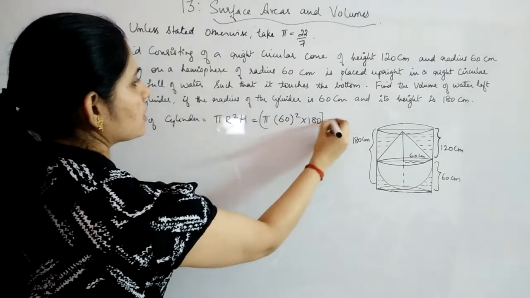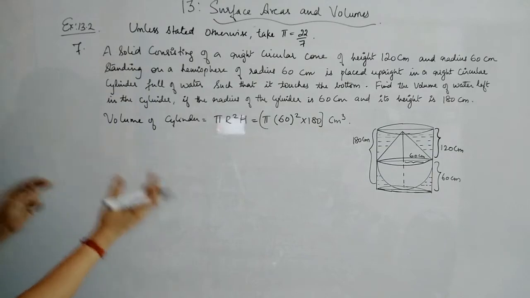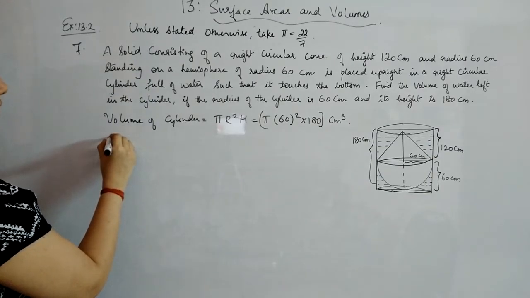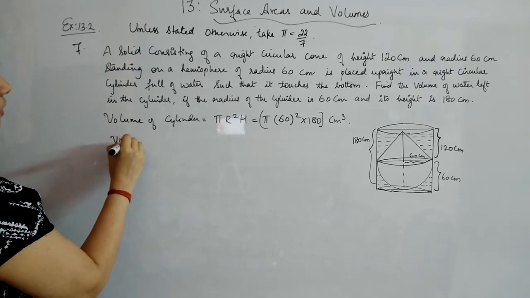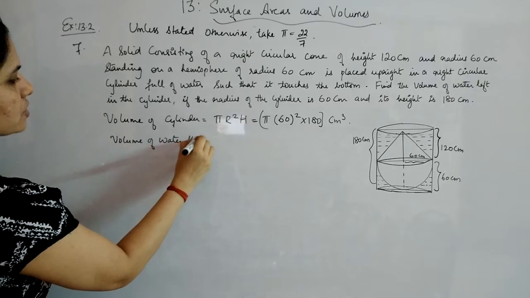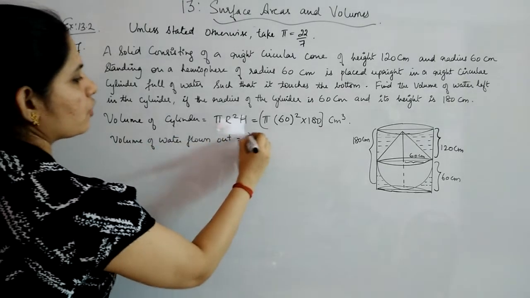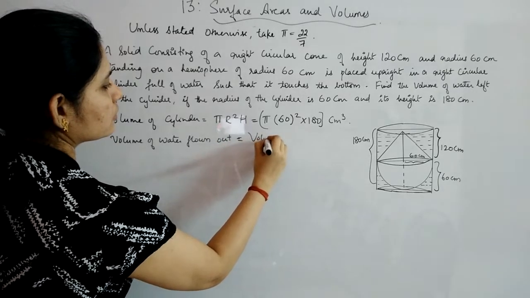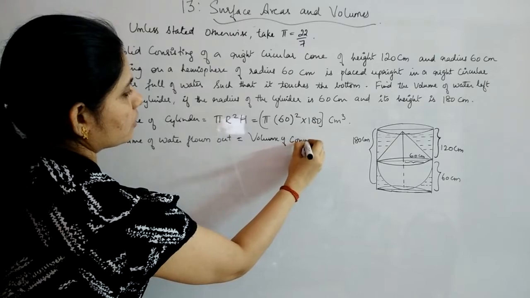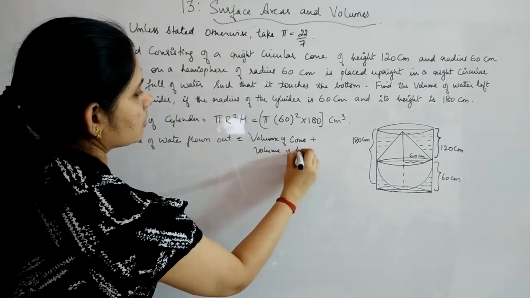We are just keeping it like this. Okay, why? That we will know later, because we will have something in common to take out. Now what we need to find out is volume of water flown out will be equal to volume of the cone plus volume of the hemisphere.